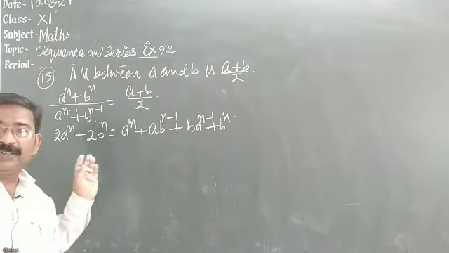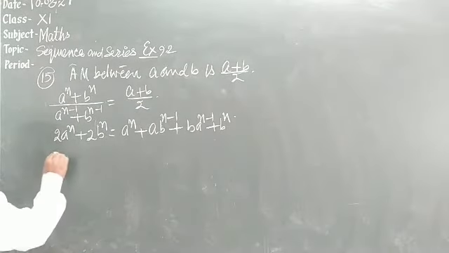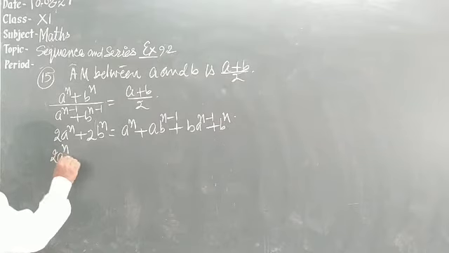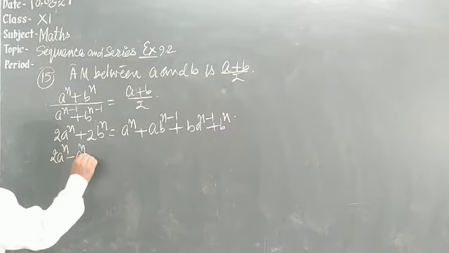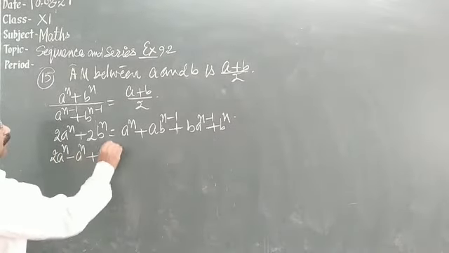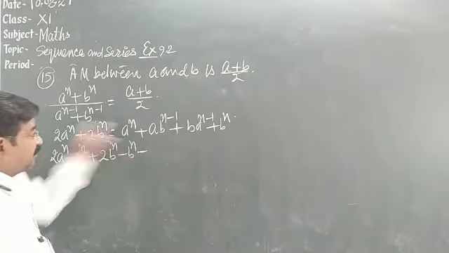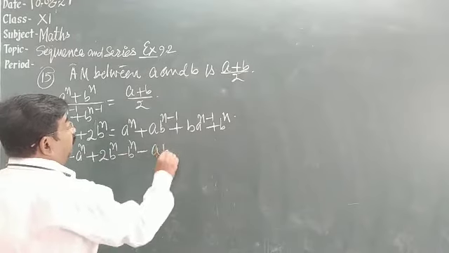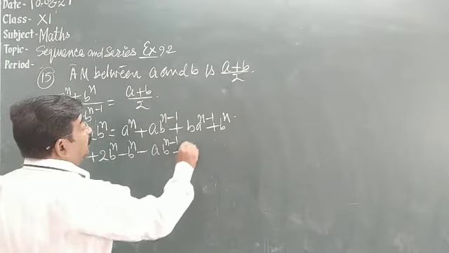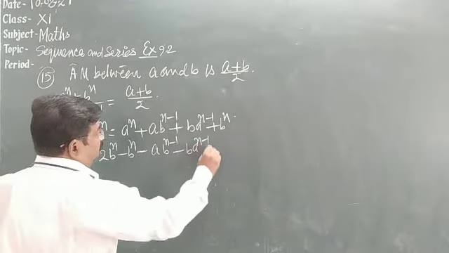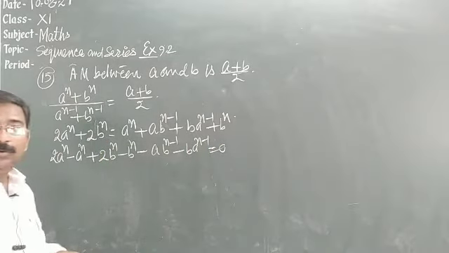Bring all the terms to one side. So what we have: 2a to the power n minus a to the power n plus 2b to the power n minus b to the power n minus a b to the power n minus 1 minus b a to the power n minus 1 is equal to 0.